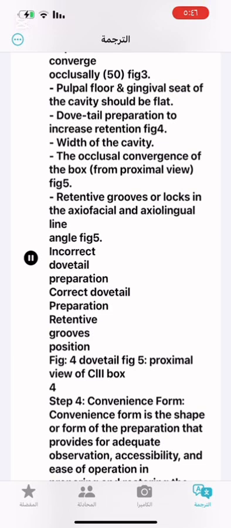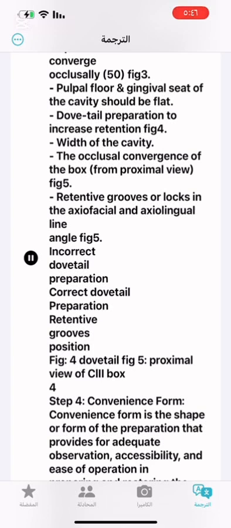Class 2 amalgam restoration. Preparations involving the proximal surfaces of posterior teeth are termed Class 2. The following surfaces are involved. Two surface cavity for posterior teeth, Fig 1a. Three surface cavity for posterior teeth, Fig 1b.